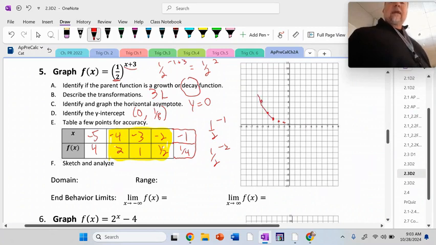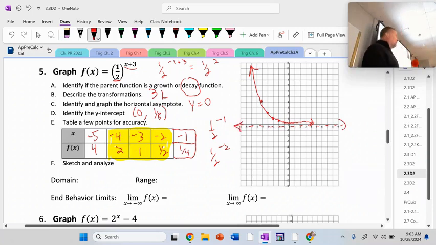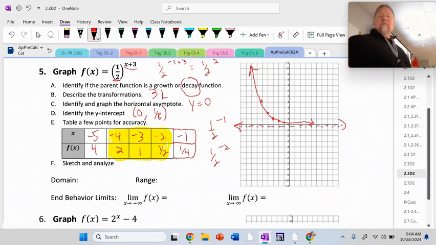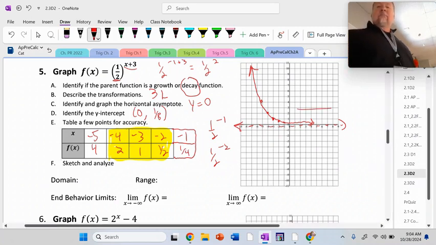Okay, so I got my action here. This is doing that, and then this is approaching a boundary still of y equals 0. So that expectation held true from what I put in the answers up there. This is not hard, all right? I don't care what anyone says. Input, say it. Output, what I inputted was big X's, and I got 0 for my output. And then input, say it.